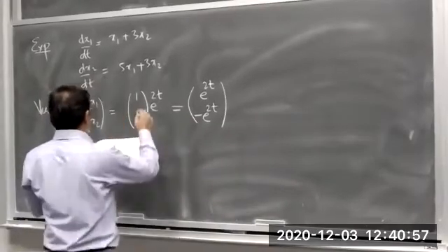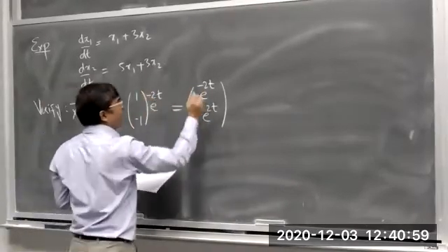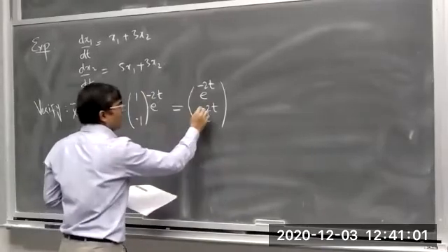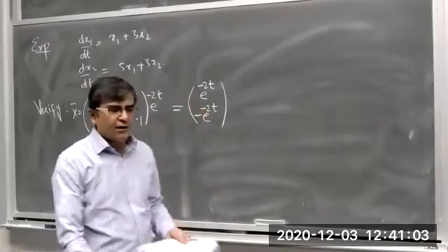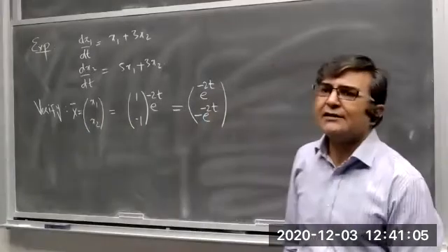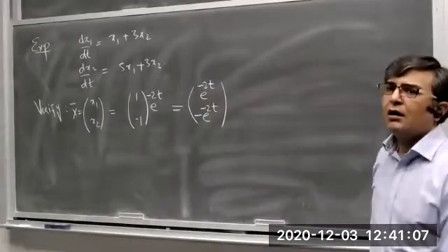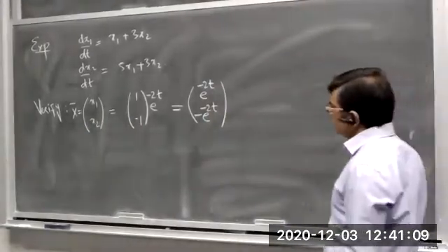Negative e raised to the power of minus 2t here. We need to verify whether this is a solution of the given system or not.